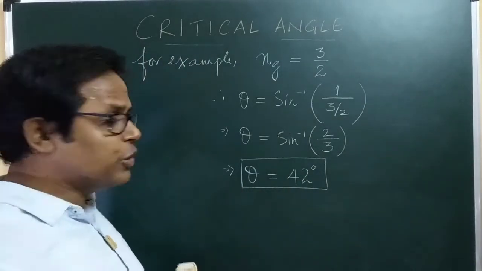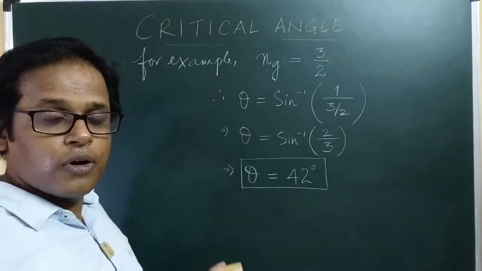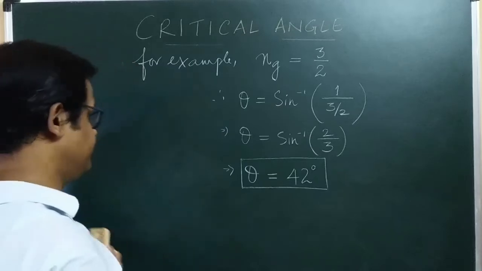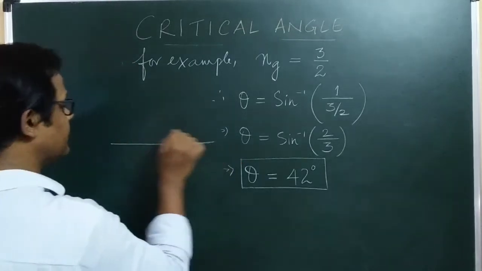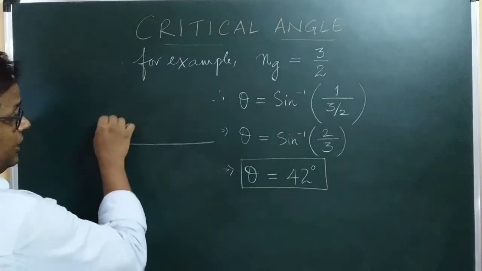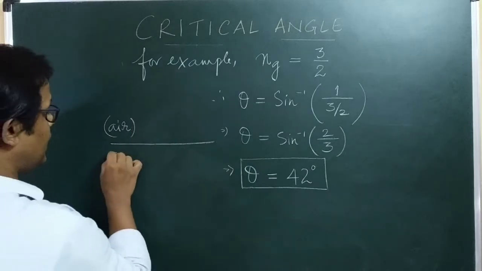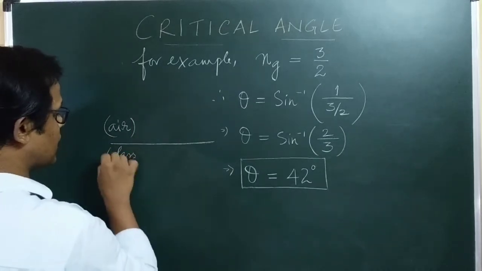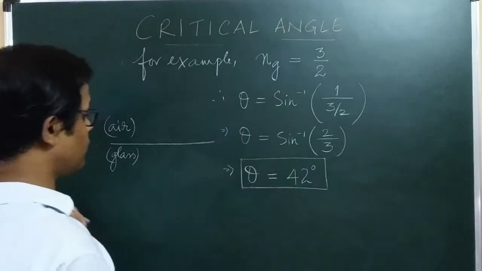So what does this 42 degrees exactly mean for the glass-air medium? It means that the second medium, the rarer medium, is air, and the denser medium in the question is glass, whose example we have chosen here.